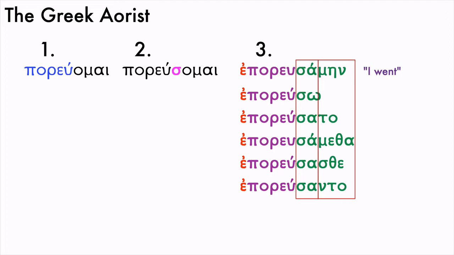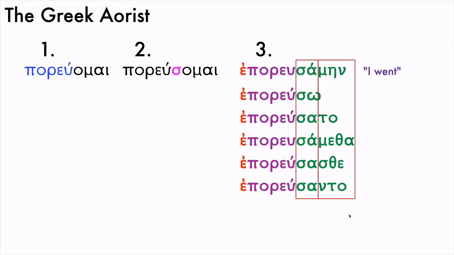And you can memorize these endings as sa, main, so, sa, ta, or you can start to notice that it looks like there are two components. A sigma alpha, the sign of the aorist, and then a set of endings that aren't that unfamiliar. You've already seen main, so, ta, metha, stha, unta.